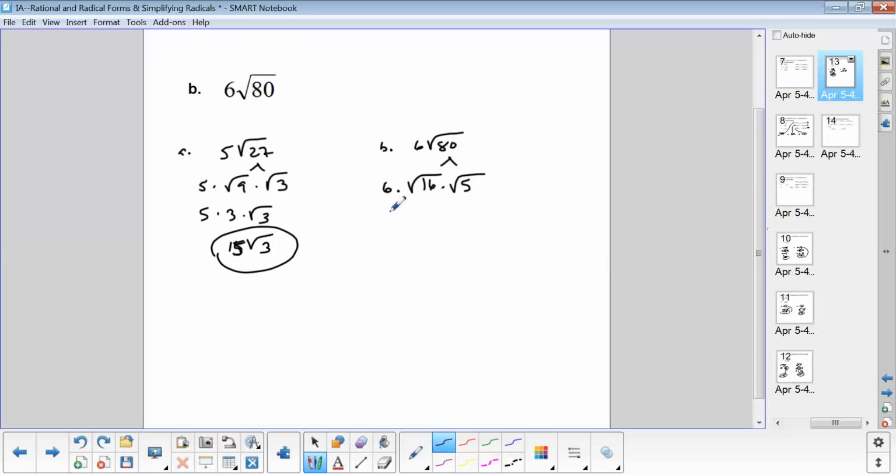And 5 is prime, so the square root of 16 is going to be 4, the principal square root, and so 6 times 4, I get 24 times the square root of 5. Don't make the mistake and try to simplify this 4. This 4 is a whole number. You're not taking the square root of this 4, so you're multiplying the 6 times 4 to get 24. And you know you're finished when you cannot simplify the radicand any longer.